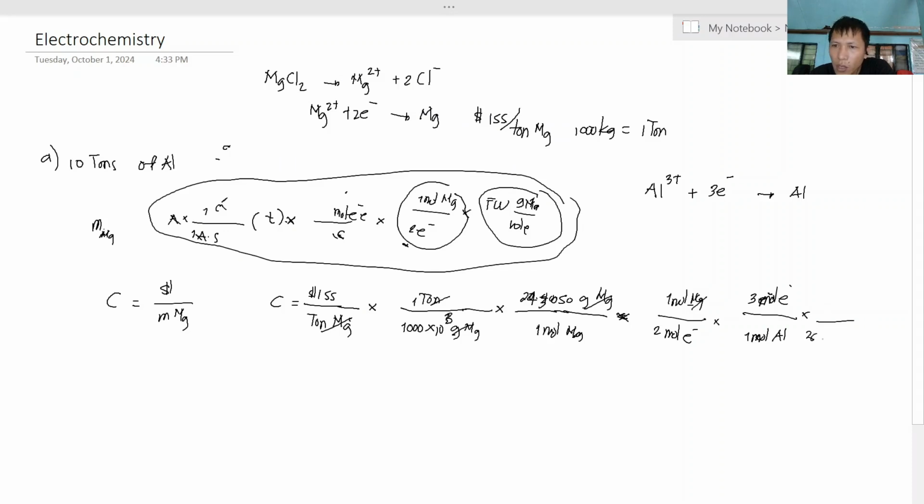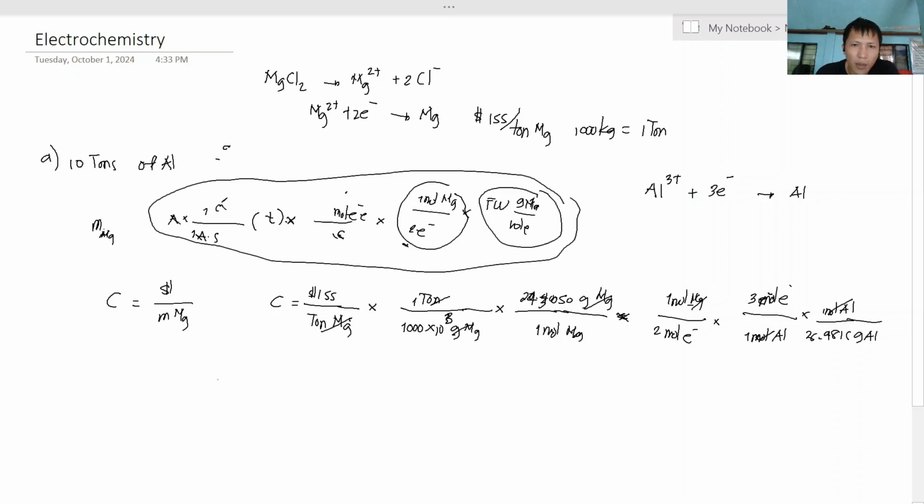So 26.9815 grams of aluminum per mole of aluminum. So we can cancel the mole of aluminum, and then we change the grams of aluminum into tons.